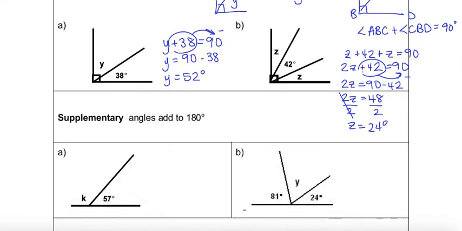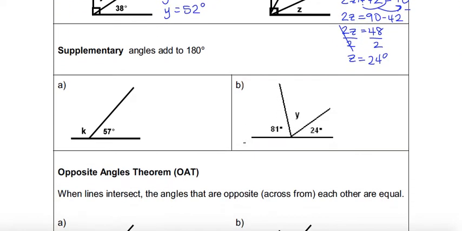So now what I want to look at is supplementary angles, and supplementary angles add up to 180 degrees. So any angles on a straight line, if I break this up into 2 angles or 3 angles or 4 angles, when I add them together, they're going to equal 180 degrees.